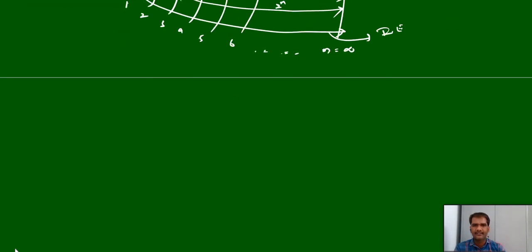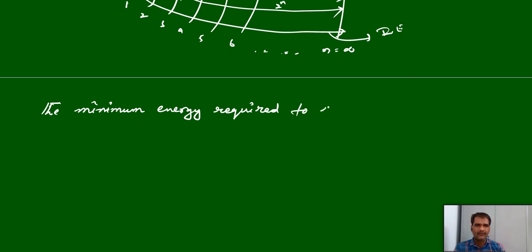Now you can write the definition like this. The minimum energy required to remove electron or to excite electron, whatever it is, from any of the excited state to infinity. Removing the electron from an excited state means you have to bring it to infinity.